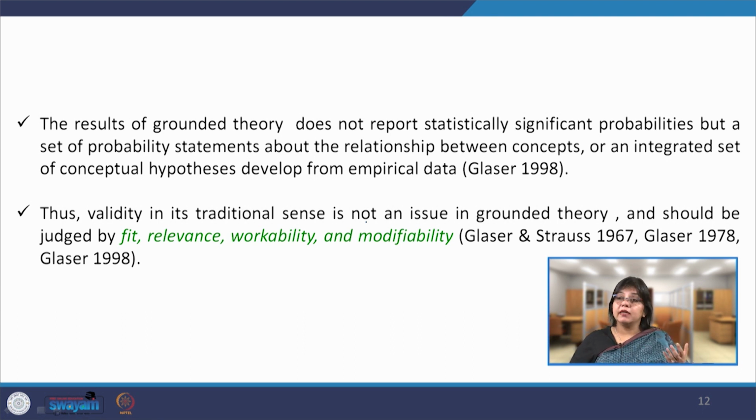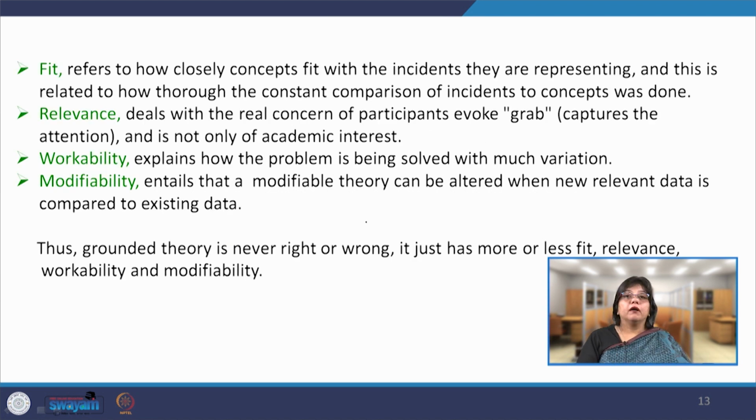So, to understand the validity of grounded theory, there are certain parameters put forth to judge the quality of that data based on fit, relevance, workability and modifiability, where fit refers to how closely concepts fit with the incidents they are representing, and this is related to how thorough the constant comparison of incidents to concepts was done.